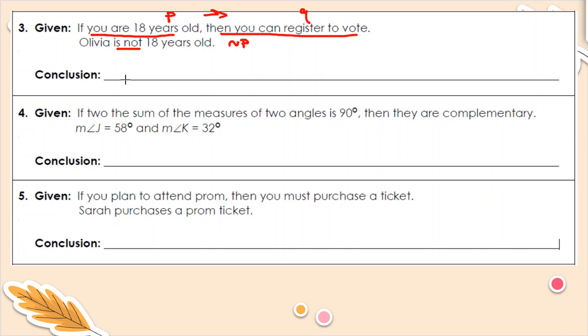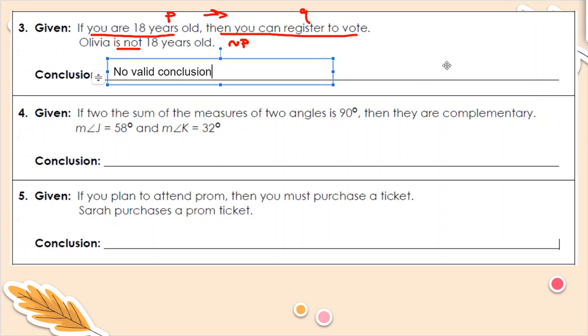So our conclusion is none. We are not able to draw a conclusion. So you would write no valid conclusion. You can't just automatically negate Q and come to that conclusion, because an inverse is not necessarily true.